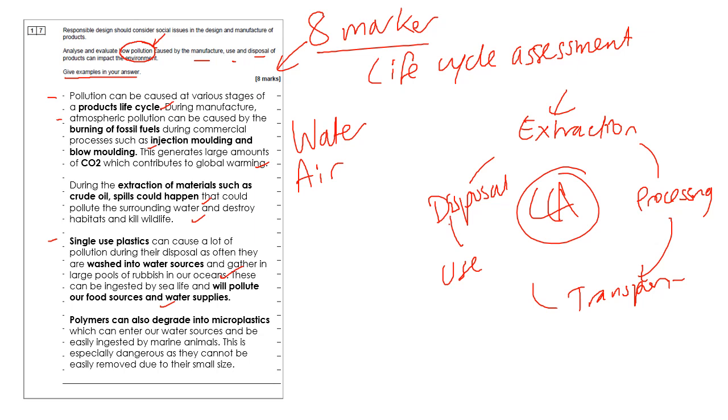So that's when plastics can be washed into water and gather into those big garbage patches. Another big problem with polymers is they can degrade into microplastics, which can enter our water sources and be easily ingested by marine animals. This is especially dangerous as they cannot be easily removed due to their small size.